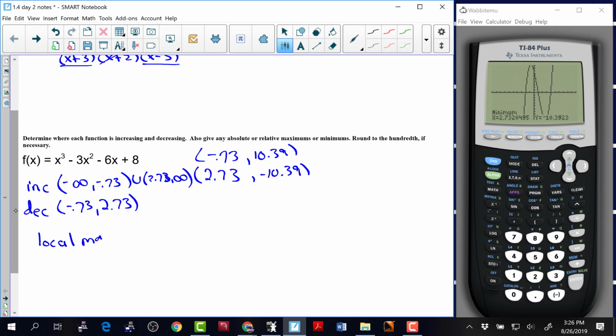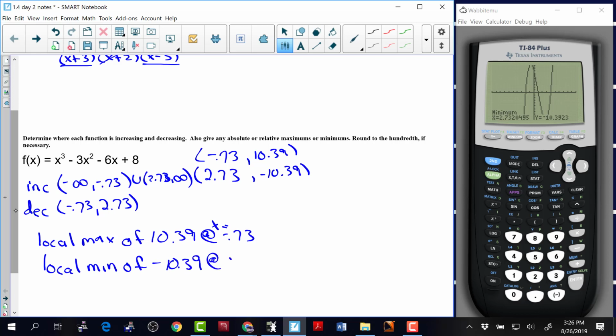Local max of 10.39 at x equals -0.73, and a local minimum of -10.39 at x equals 2.73.